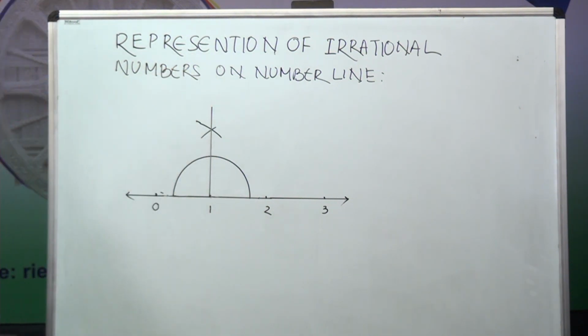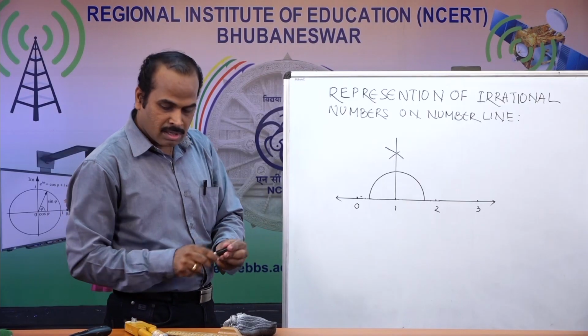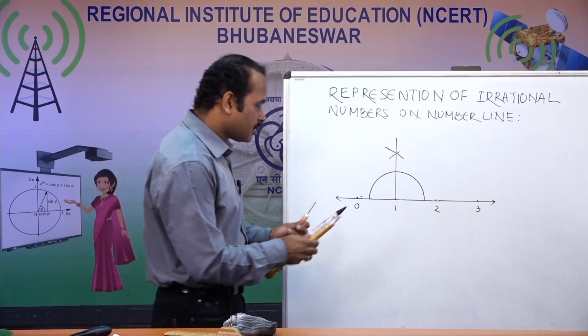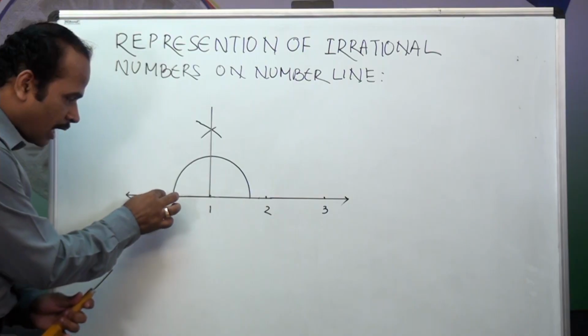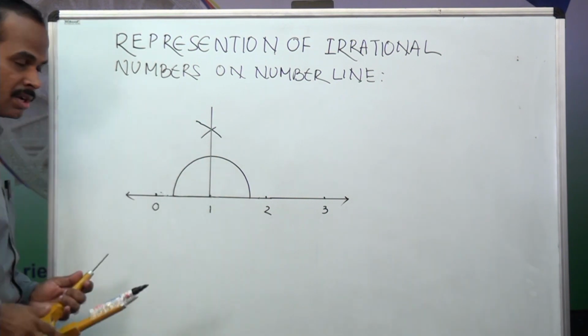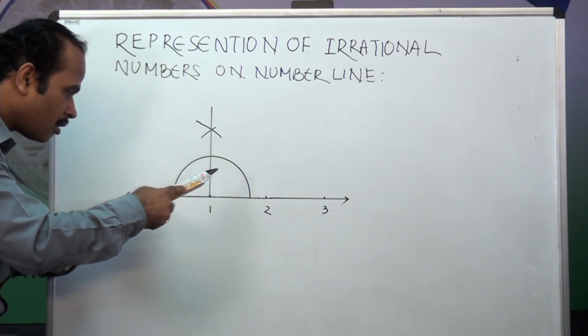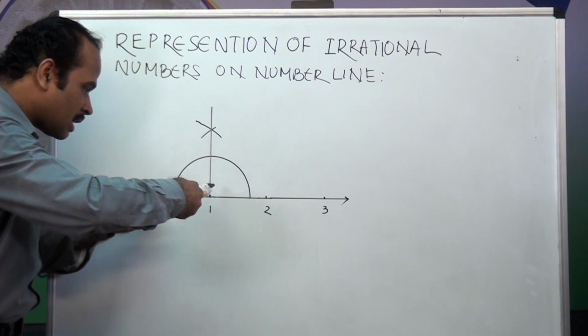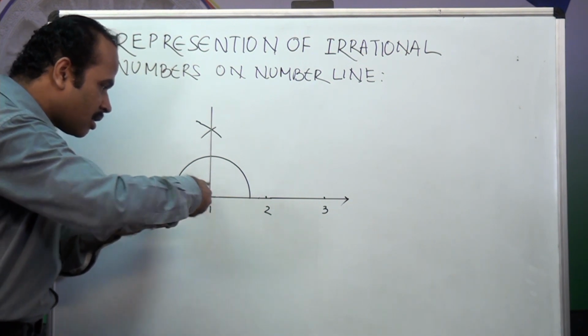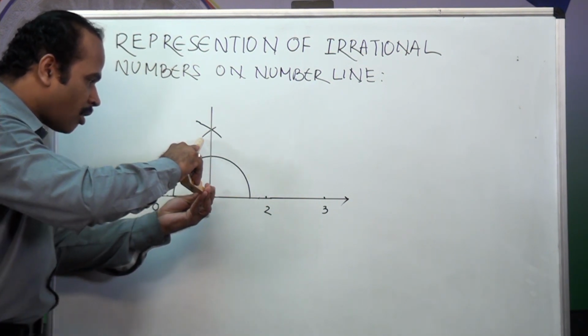Now I have constructed a right angle here. This 0 to 1 is 1 unit. Let me select this 1 unit, and on this line I will cut the same 1 unit here.